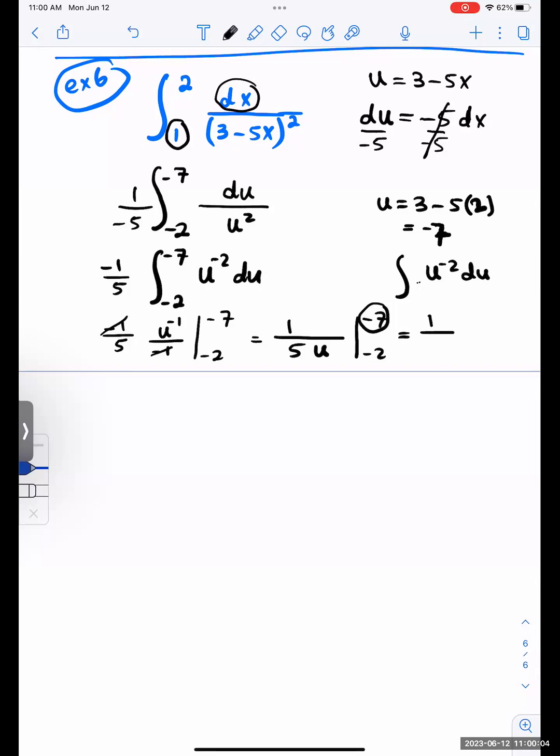The upper doesn't mean the greater, so whatever is the upper bound: 1 over negative 35, minus 1 over negative 10, which turns into a plus.